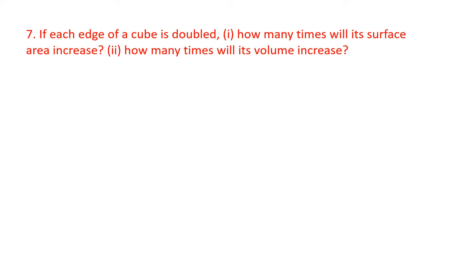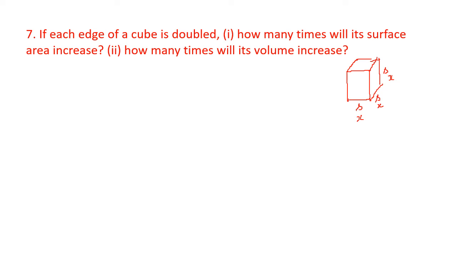So first of all, they have not given us any measure. So what I will do is, first I will take a cube whose sides are S, S, S or X, X, X, whatever you want to take.